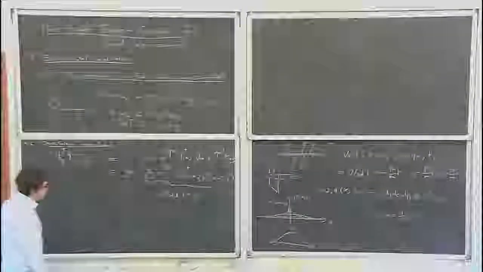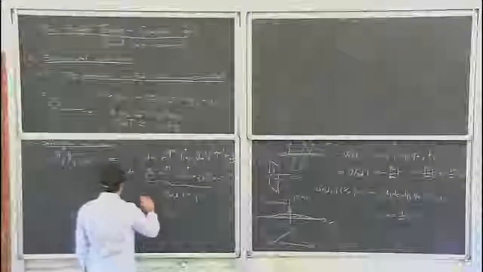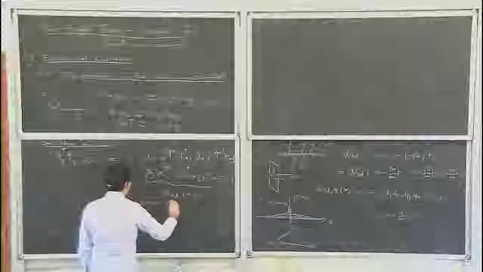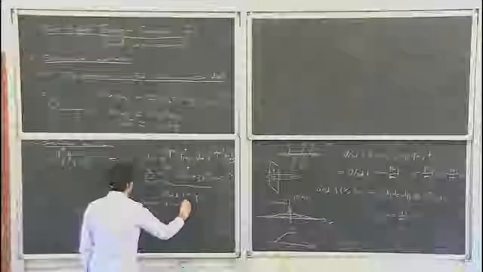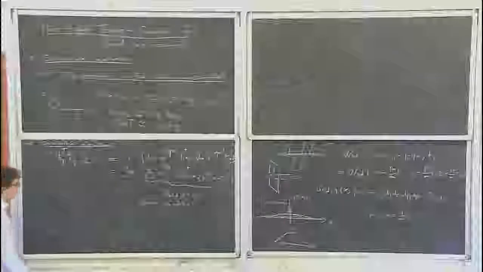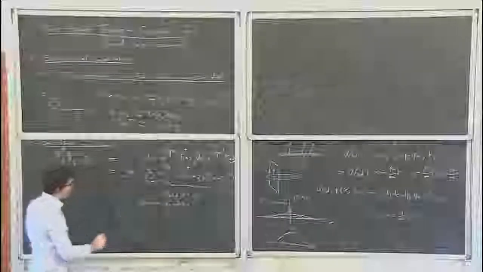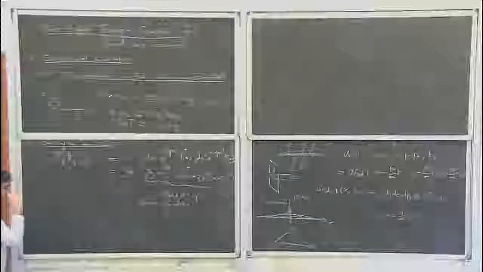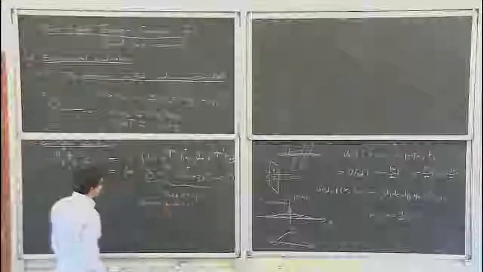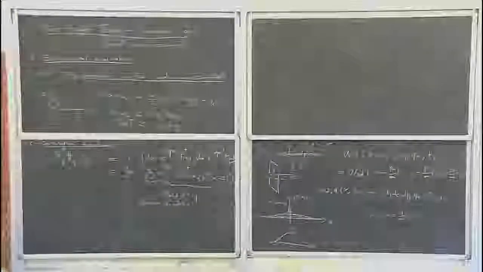I call it W because it's called the Wigner function. I'm not going to talk too much about the Wigner function in 3D, but I just want to introduce the object because it's going to be important later.